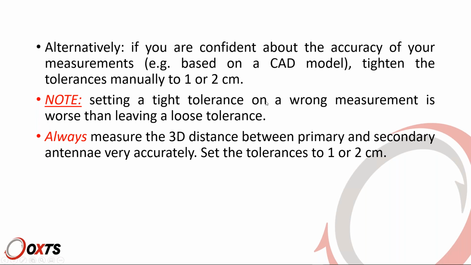So measure that as accurately as you can, and set the tolerance to 2 centimeters by default. If you are super confident, set it to 1 centimeter. Do not go below 1 centimeter, even if you are absolutely sure. It's always worth leaving some tolerance in there.